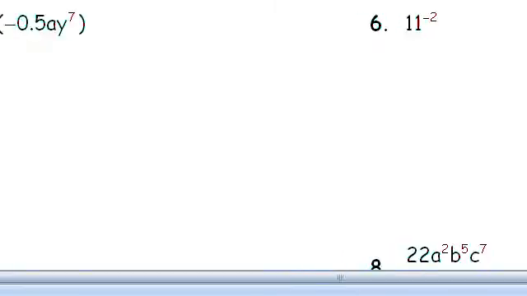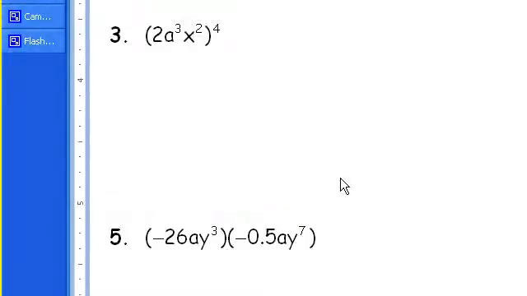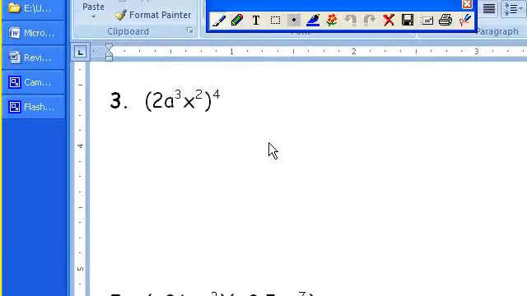Okay, number 3. For number 3, we need to call upon another exponent rule that we learned. What we just did in numbers 1 and 2 was power times a power. When you multiply powers, you add the exponents. Number 3, we see that we have several variables, an a and an x, that are exponentiated.